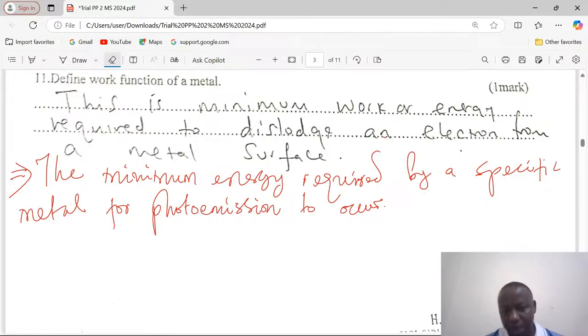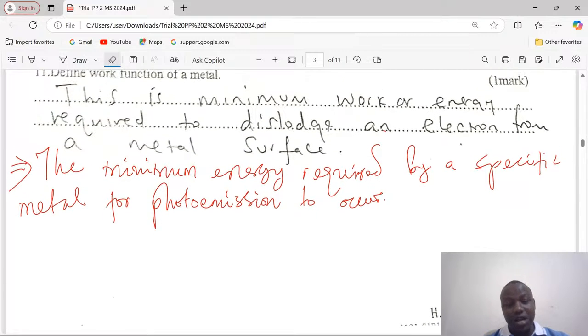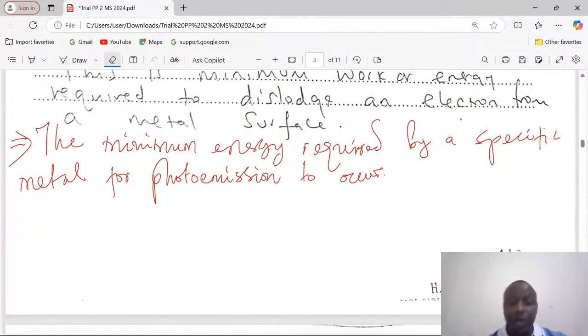But basically, we can make it a term used in photoemission, whereby for an electron to be dislodged by a certain radiation shone on a metal surface, that minimum energy required is the minimum energy for a metal below which photoemission does not occur.